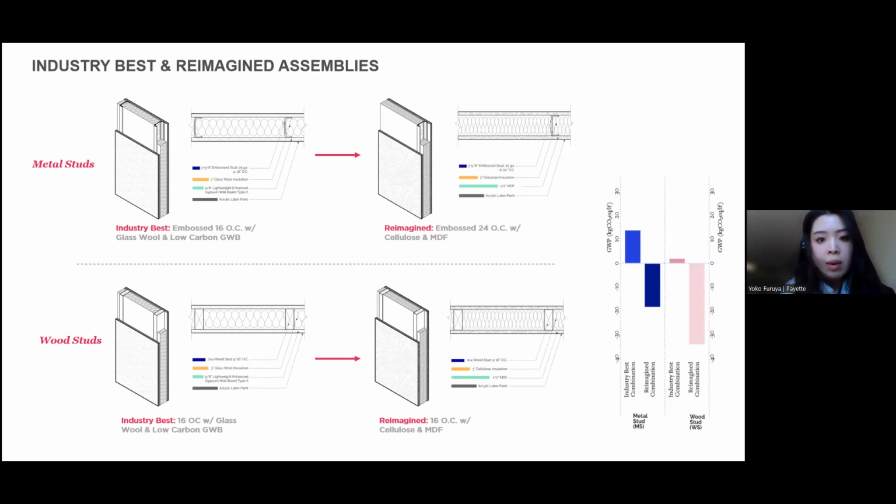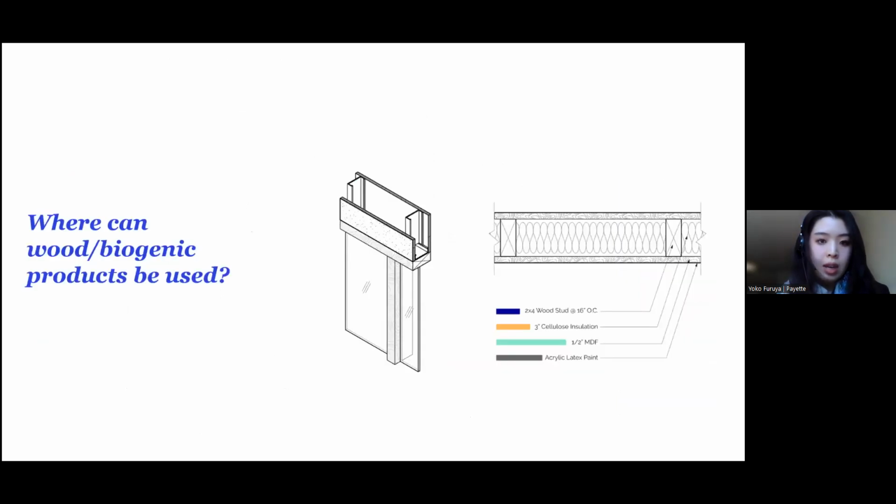On the right, we have a reimagined version. How could we use the data and take that industry best version a step further? For metal stud, we want to use an embossed stud at 24-inch on center with cellulose and MDF, while the reimagined wood stud should use 16-inch spacing, also with cellulose and MDF. As you may have noticed, both of these reimagined assemblies utilize the wood-based products we studied.